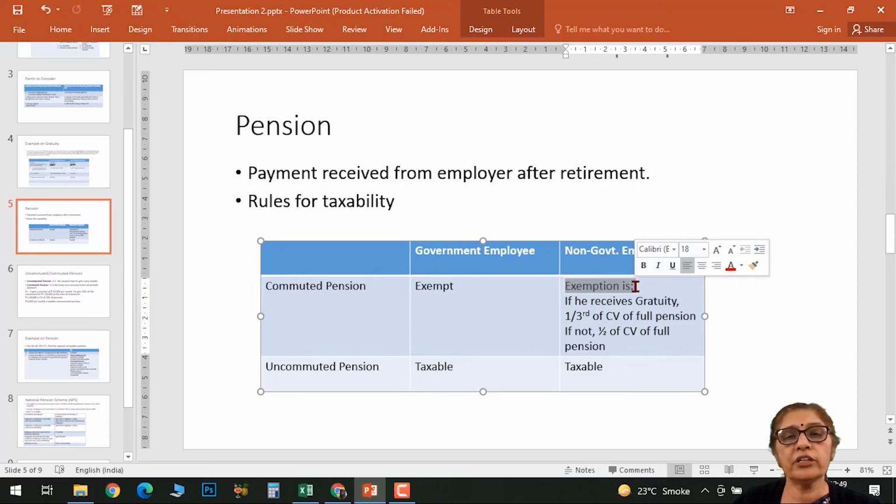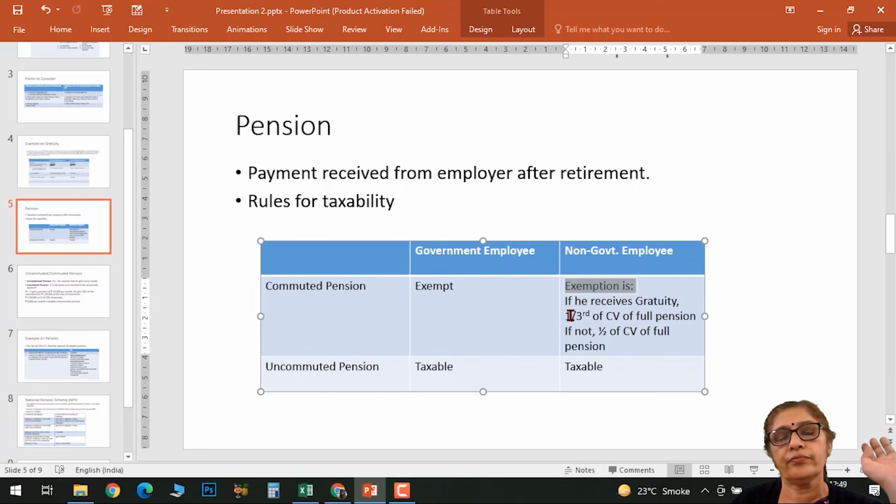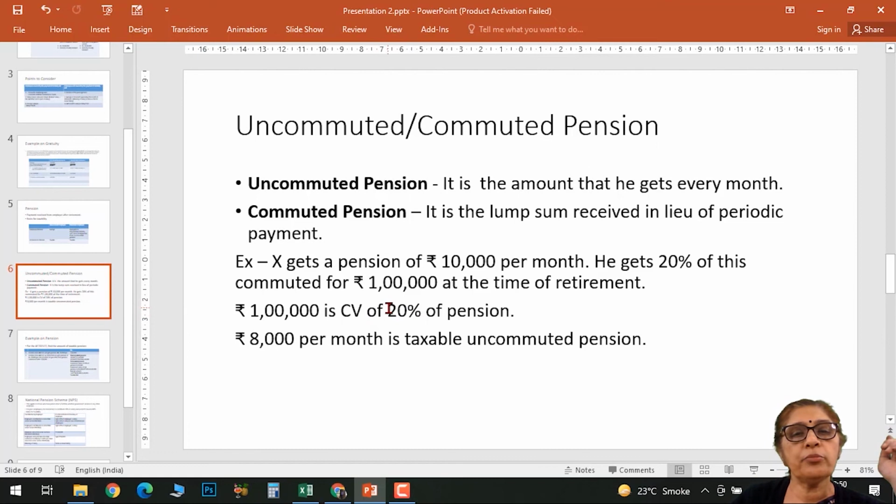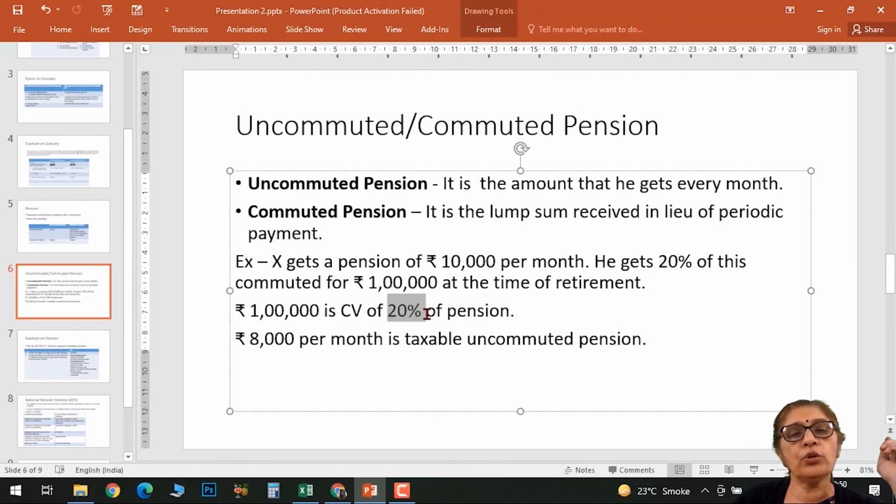And exemption depends upon simply two small things. One, the fraction. Two, the commuted value of full pension. We just did this example that if you commute 20%, you get 1 lakh. So what do we want? We want the commuted value of full pension. Full means 100%.